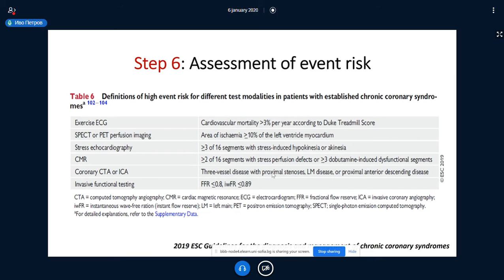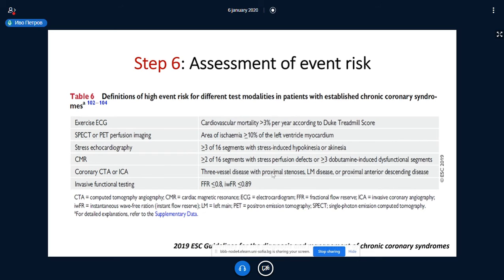Speaking about a particular stenosis, the FFR, the fractional flow reserve, to be clear, is something like measuring a pressure gradient before and after the stenosis.